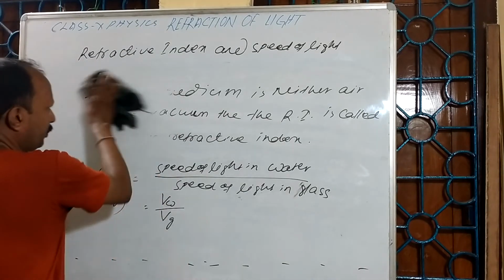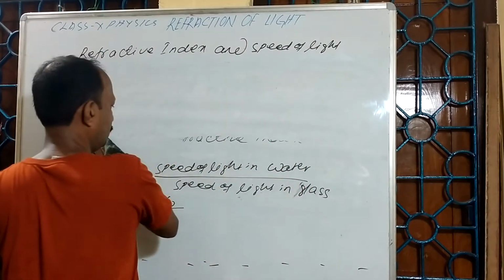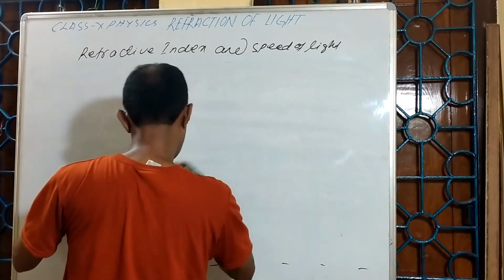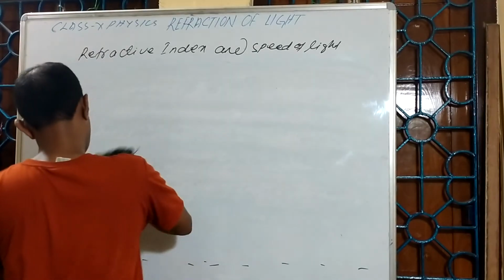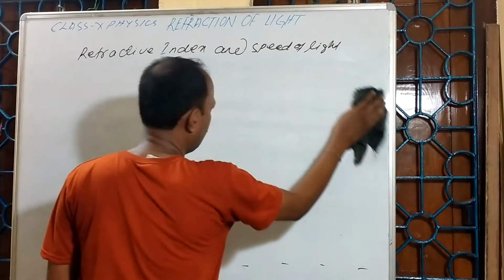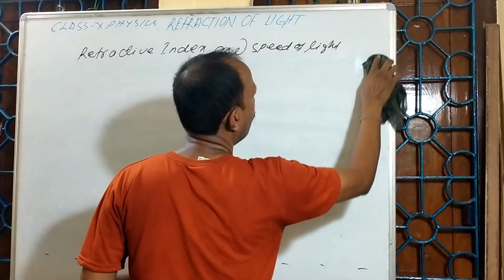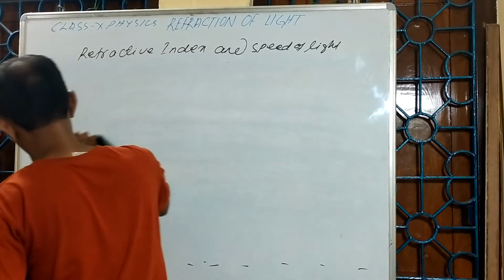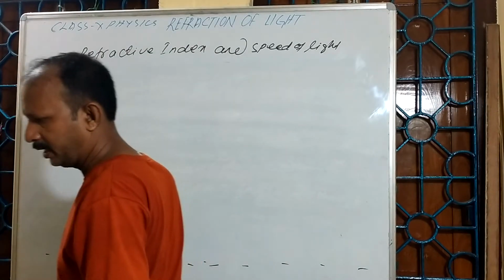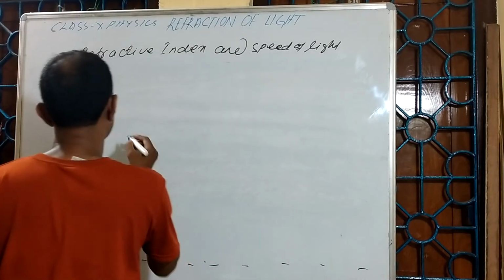Now just see an example, the relationship between the speed of light and refractive index. Let us consider water. What is the refractive index of water? See that.